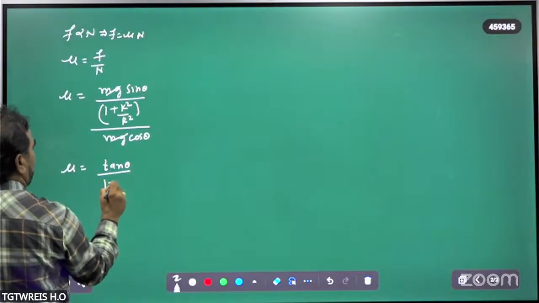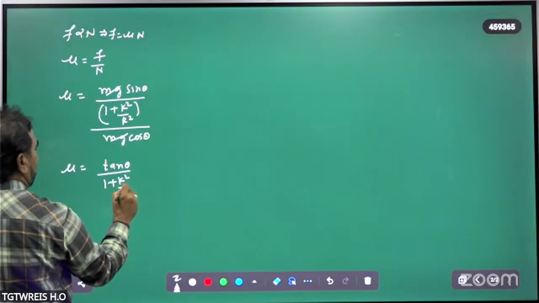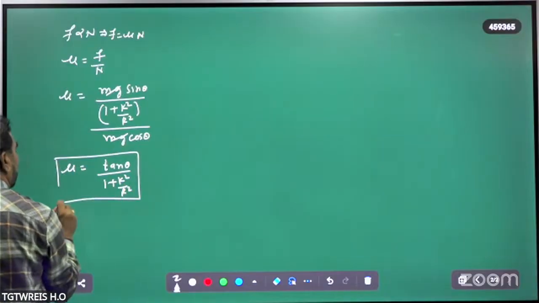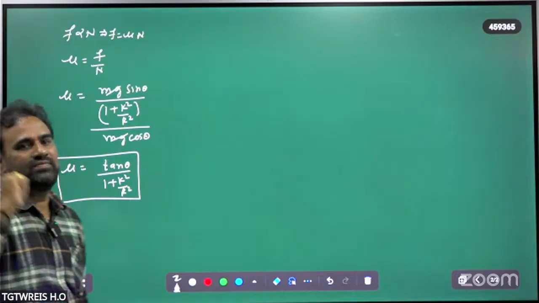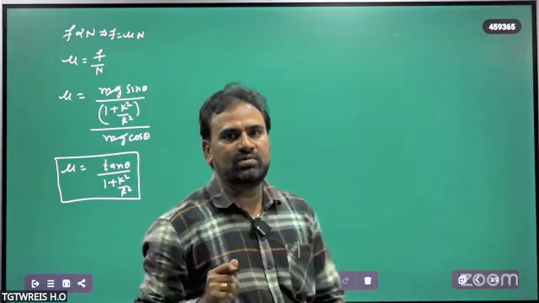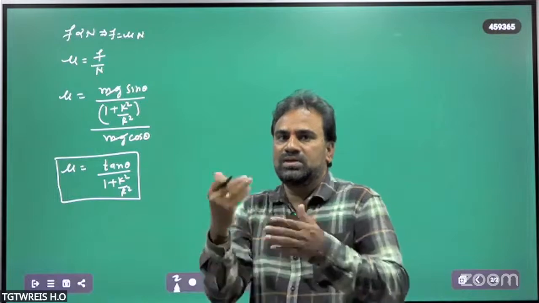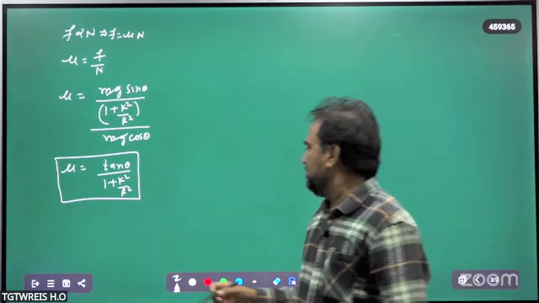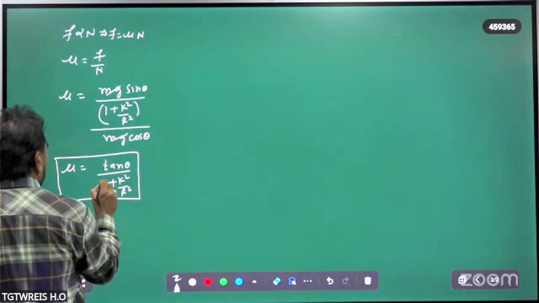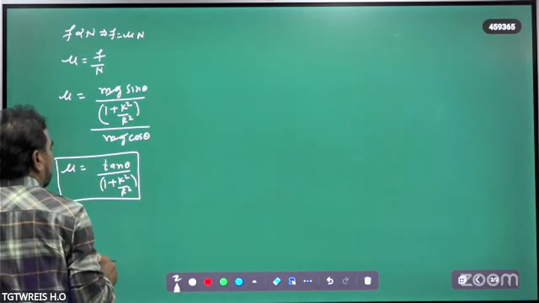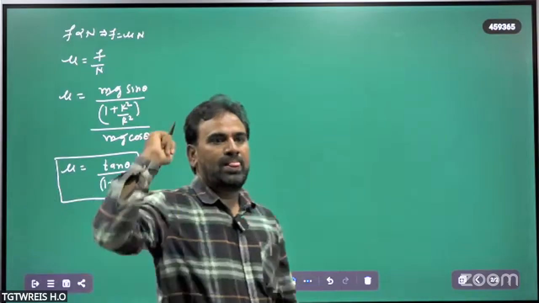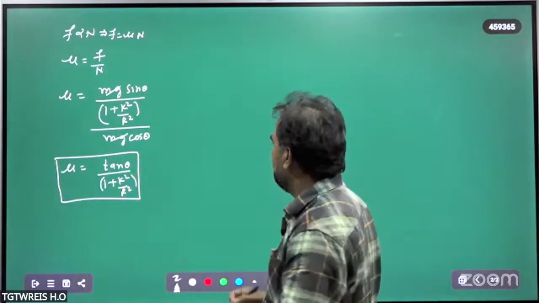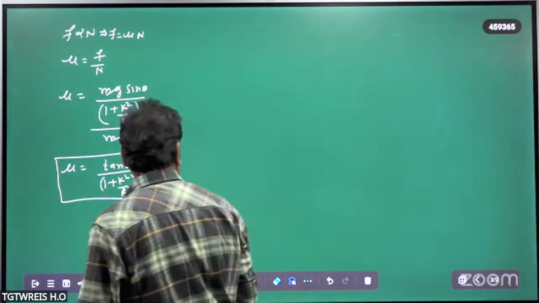So mu is equal to tan theta upon 1 plus K square upon R square. This much coefficient of friction would arise between the contact surfaces while rotating the object.